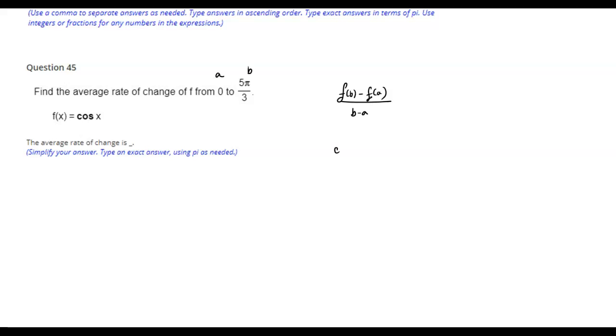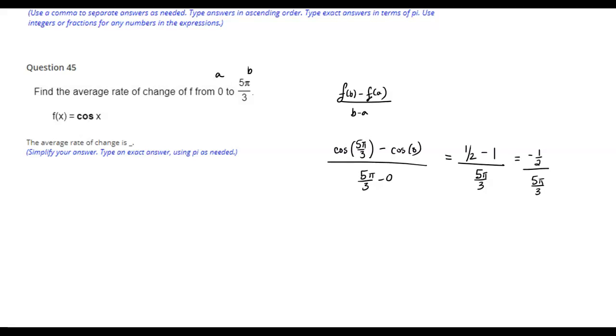F of b is cosine of 5 pi over 3 minus cosine of 0 all over 5 pi over 3 minus 0. Well, let's go ahead and simplify this out. Cosine of 5 pi over 3 is 1/2 minus cosine of 0 is 1. And then we have over 5 pi over 3. Keep simplifying. I get negative 1/2 over 5 pi over 3.